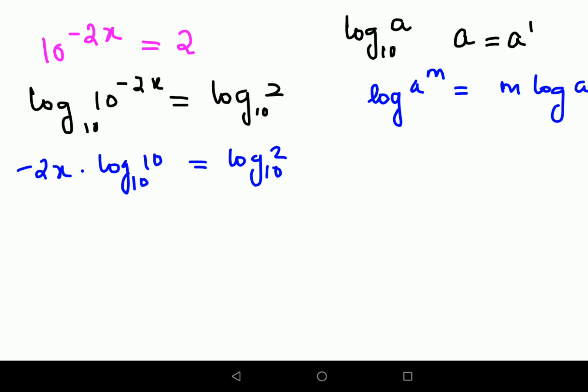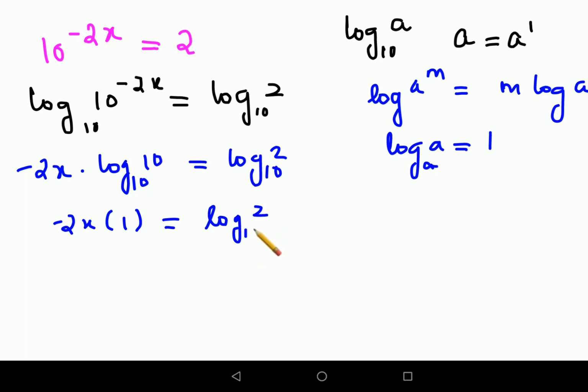Now, a very important thing to remember always is that log of any number to the base of the same number will always become 1. So this becomes minus 2x into 1 equals log of 2 to the base 10, or just log 2.